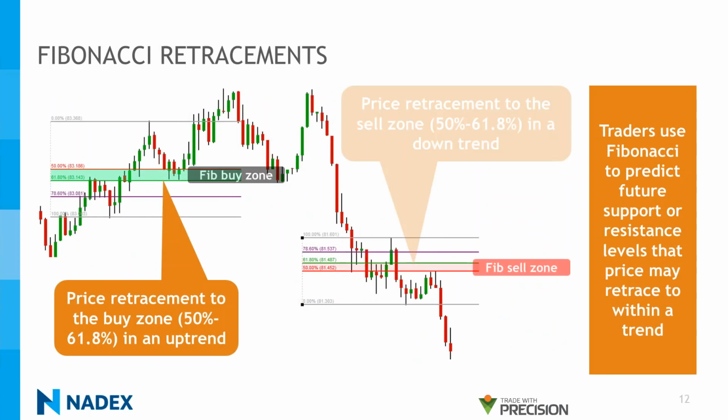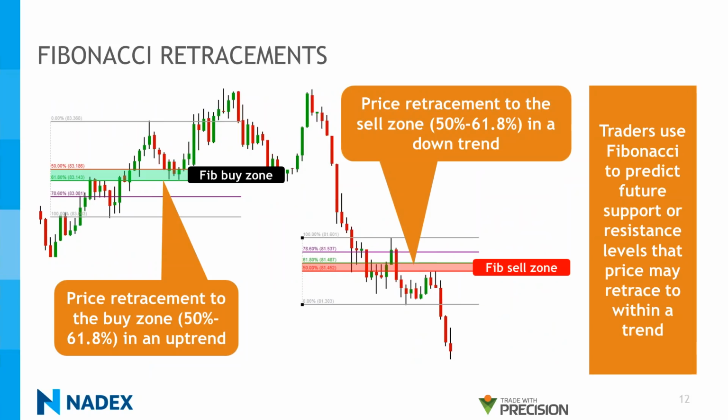So how do we use Fibonacci retracements as another technical indicator? Well, the biggest mistake I think people make with Fibonacci retracements is drawing the fib retracement lines improperly on their charts. The correct way to draw fib retracements is from the swing low to the swing high in an uptrend, and from the swing high to the swing low in a downtrend. So you're basically drawing the Fibonacci retracement going in the direction of the trend.